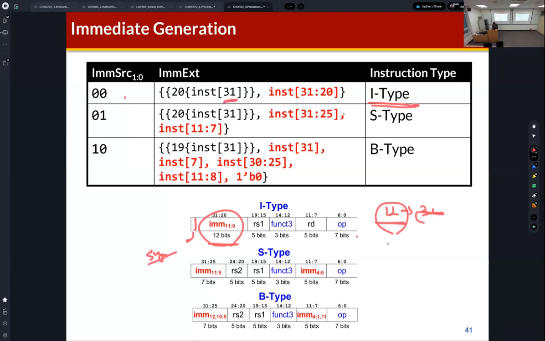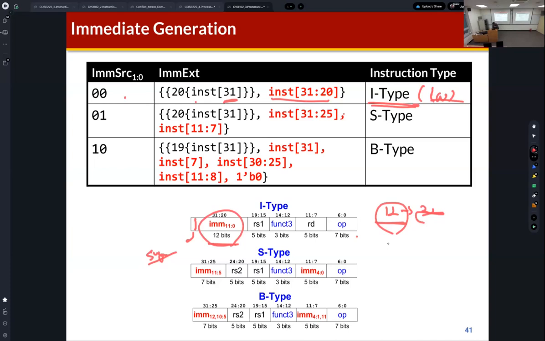So the MSB, inst 31, is repeated 20 times, and this immediate number is included. This is the sign extension. The MSB is just repeated again and again. So for an I-type instruction like load word, we can generate the 32-bit number from the immediate field like this.